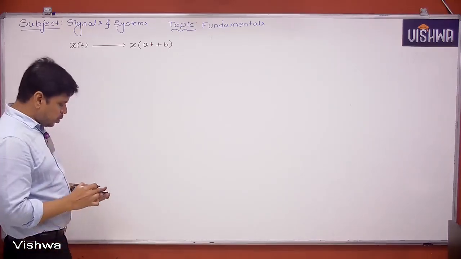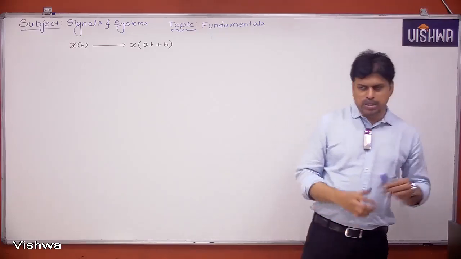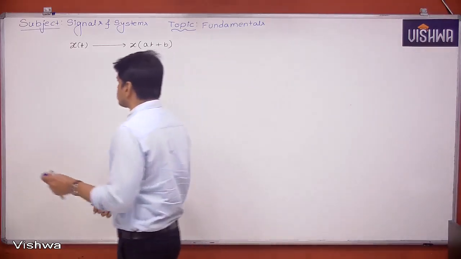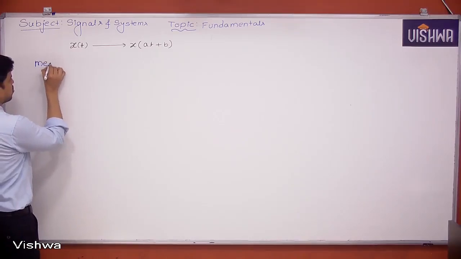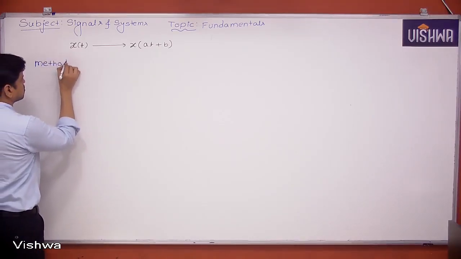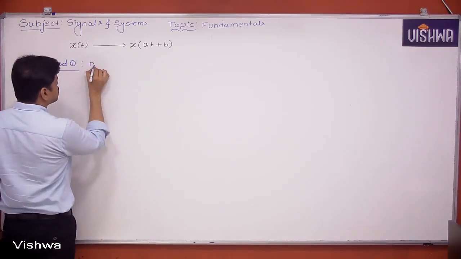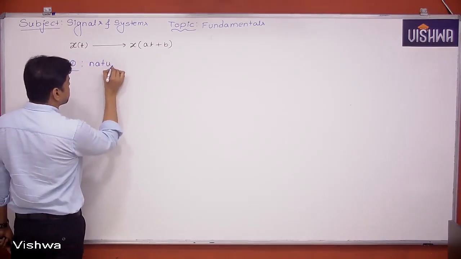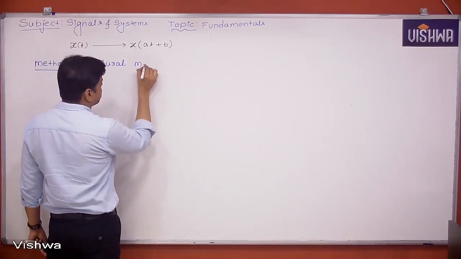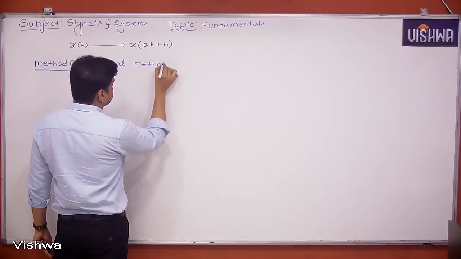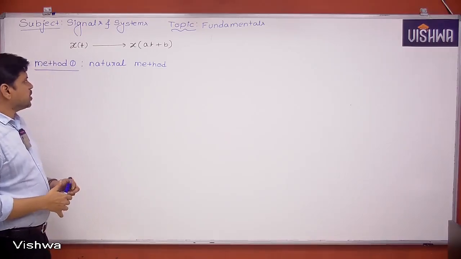Here we have two methods. One is called the natural method, another one is the unnatural method. Method 1, the natural method.